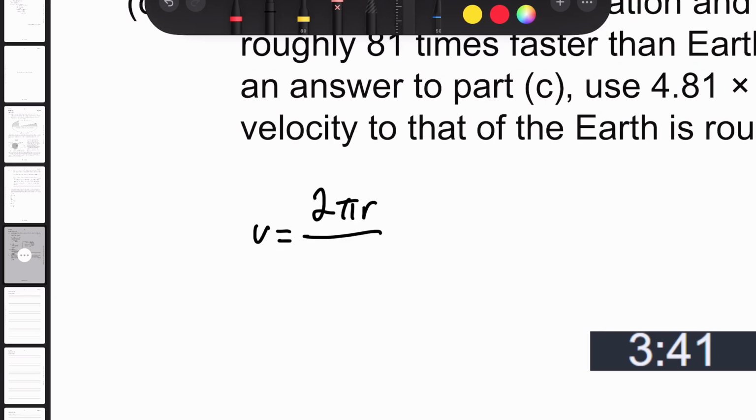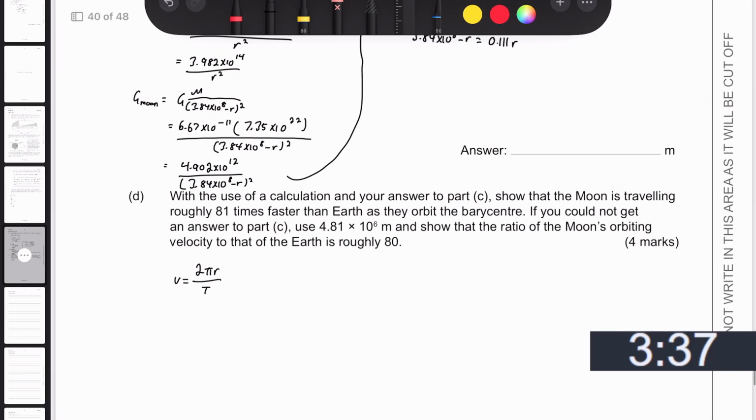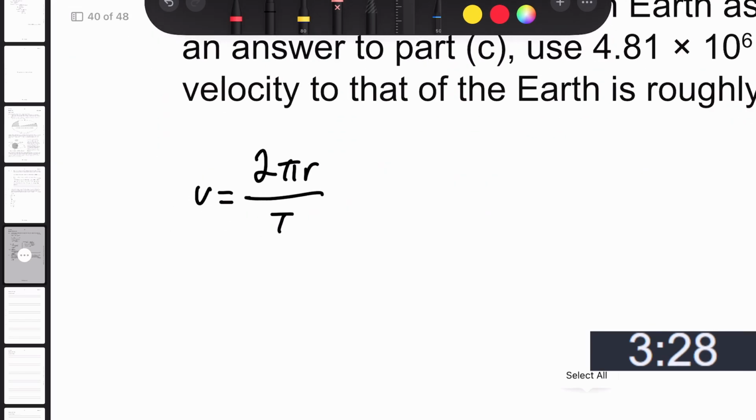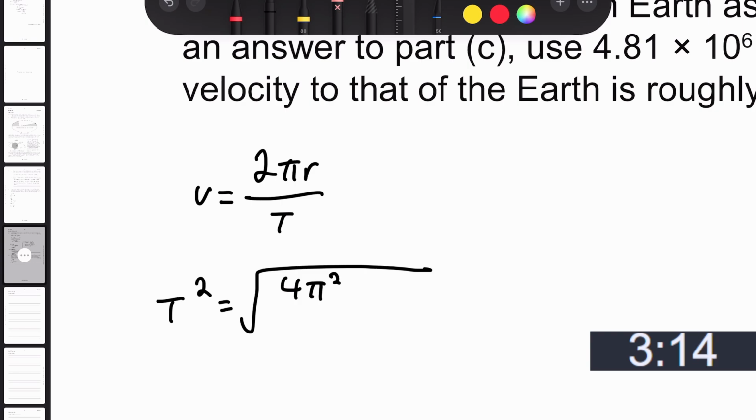Now time isn't constant, is it? T squared is equal to 4 pi squared r to the power of 3 over GM, so T is the square root of that.